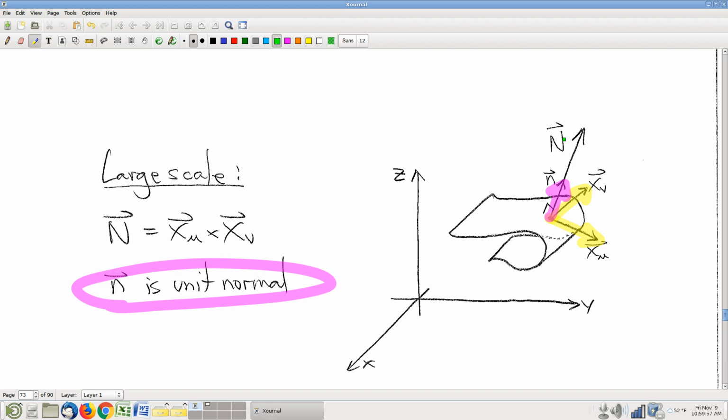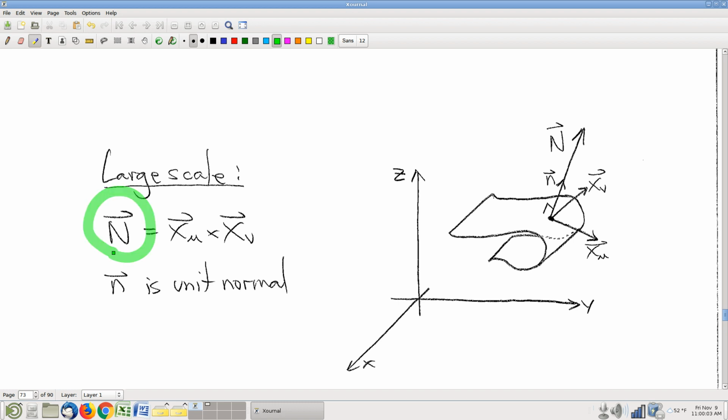We're going to stick with the book's notation on this. So be very, very careful from here on out. You cannot just arbitrarily decide to use capital N to represent a unit normal vector anymore. That capital N now means something. And you cannot use a little n in place of capital N to represent XU cross XV. Little n from here on out, you should interpret and use as a unit vector.